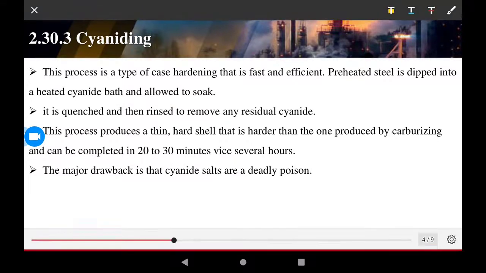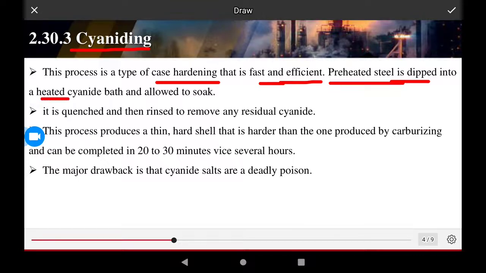Sanitizing. What is sanitizing? This process is a type of case hardening that is fast and efficient. Preheated steel is dipped into a heated sanitizing bath and allowed to soak. It is then rinsed to remove any residual cyanide.